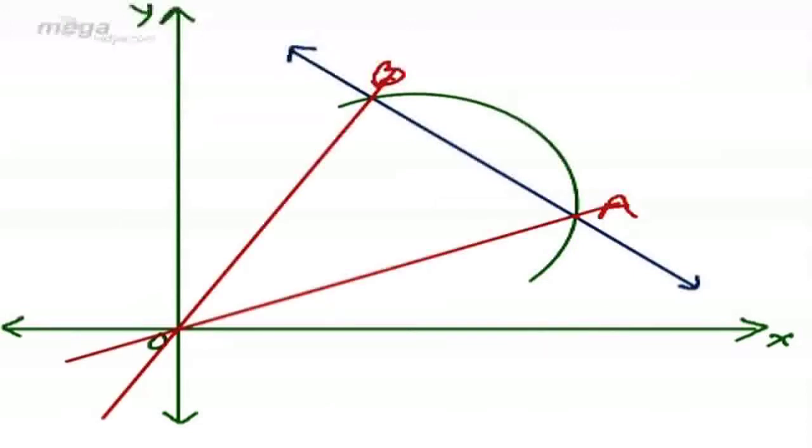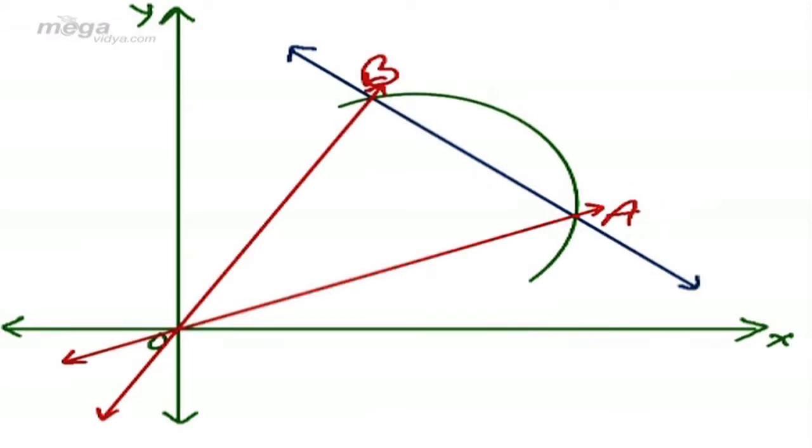So now student, you can see here, when you join the point A and the origin and the point B and the origin, you will get two straight lines.